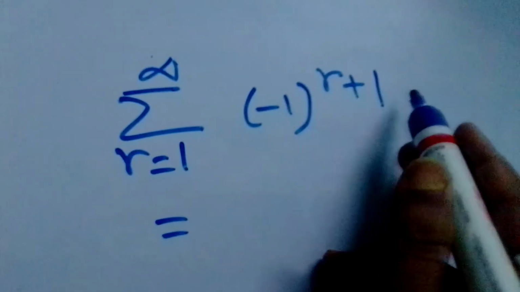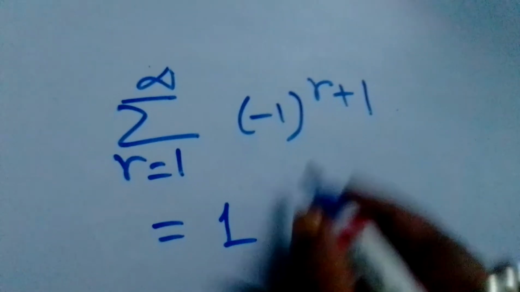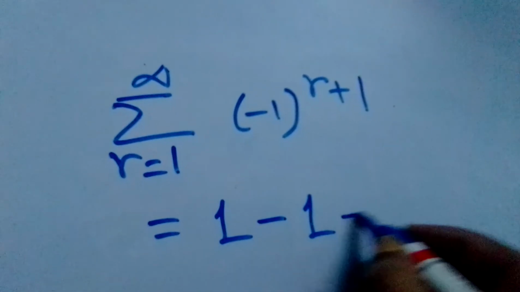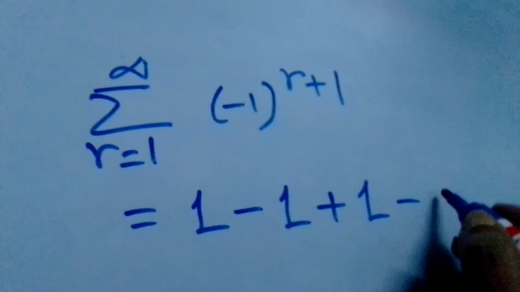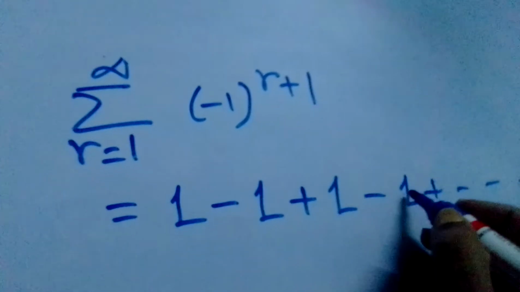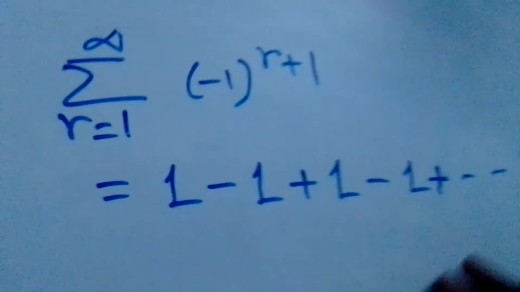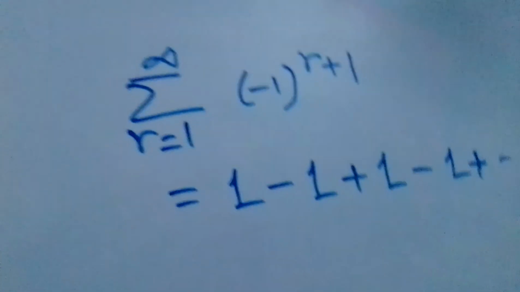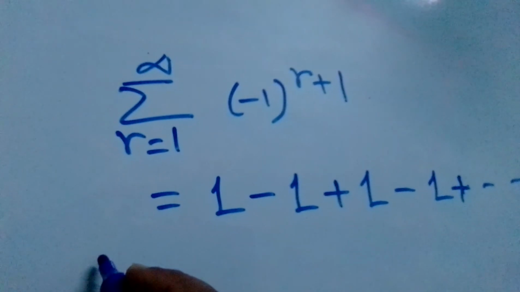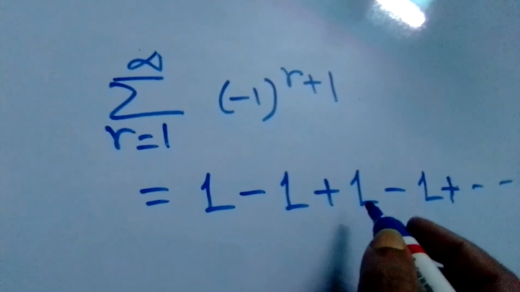If r is 1 it will be positive, then r is 2 it is a negative term, next positive, next negative. In this way we can take this series to infinite extent. And if we name this series, two cases arise.